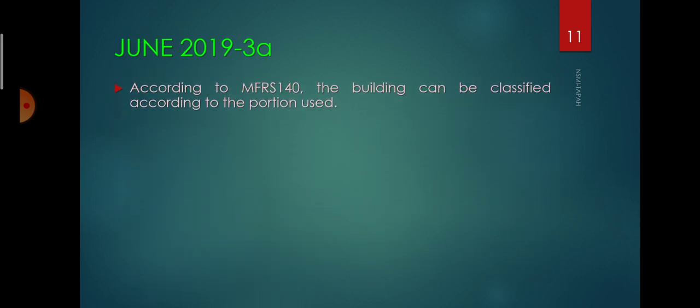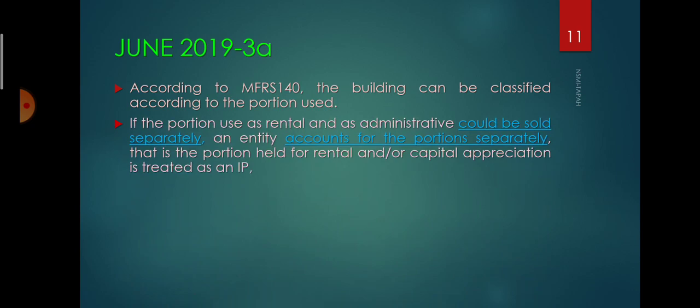According to MFRS 140, the building can be classified according to the portion used, alright? So if the portion used as rental and as administrative could be sold separately, an entity accounts for the portion separately.